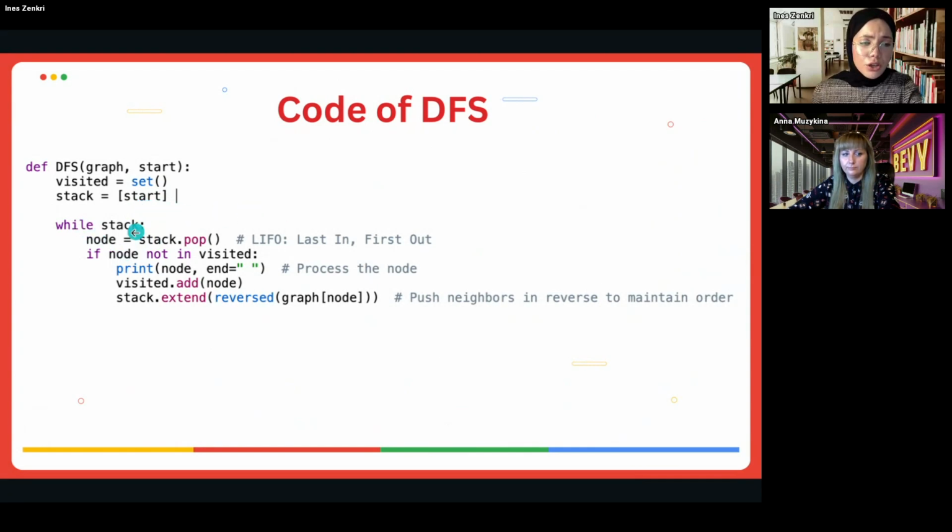And then while the stack is not empty, we just pop the last one. And if the node is not in the visited ones, then we just print it out and we add it to the visited nodes. And then we just also push its neighbors to our stack. And we keep doing that till no nodes are left and the whole graph is explored.